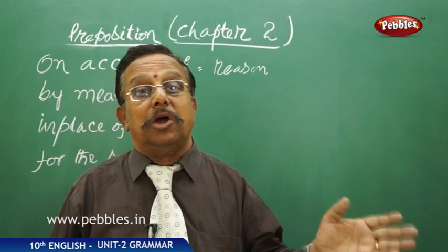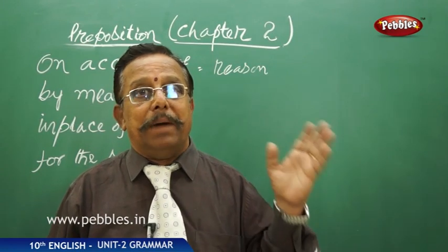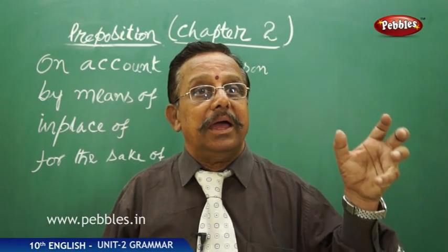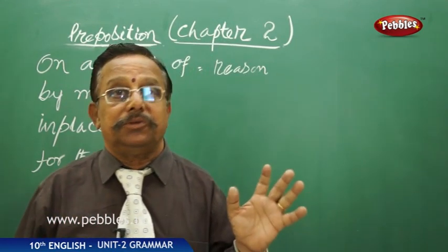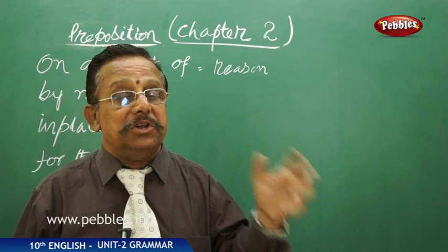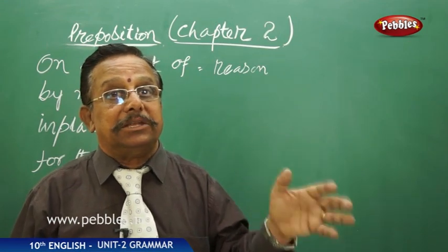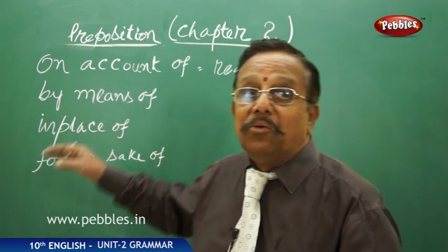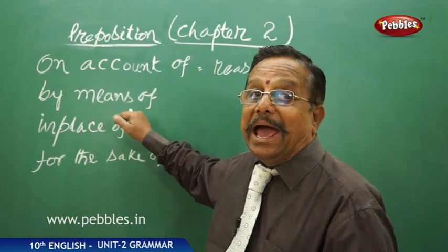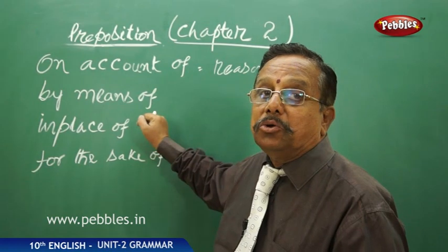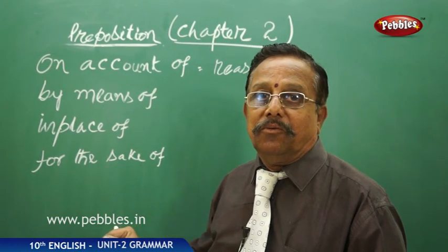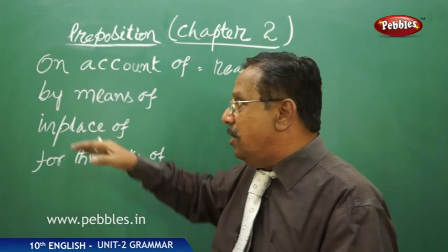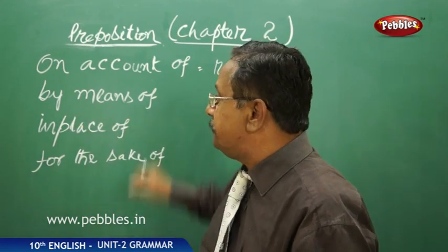This lesson has been taught by means of a visual aid. By means of a visual aid, this lesson has been taught. So, there we are showing by means as an instrument. Through this I have taught. Via this I have taught. Using this I have taught. That way we are using by means of.